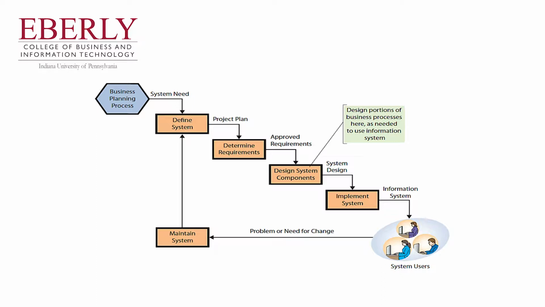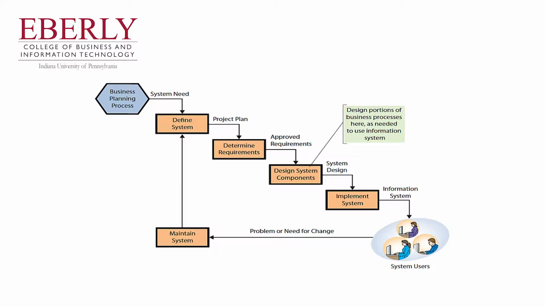Here, developers identify the particular features and functions of the new system. The output of this phase is a set of approved user requirements, which become the primary input used to design system components. In phase 4, developers implement, test, and install the new system.